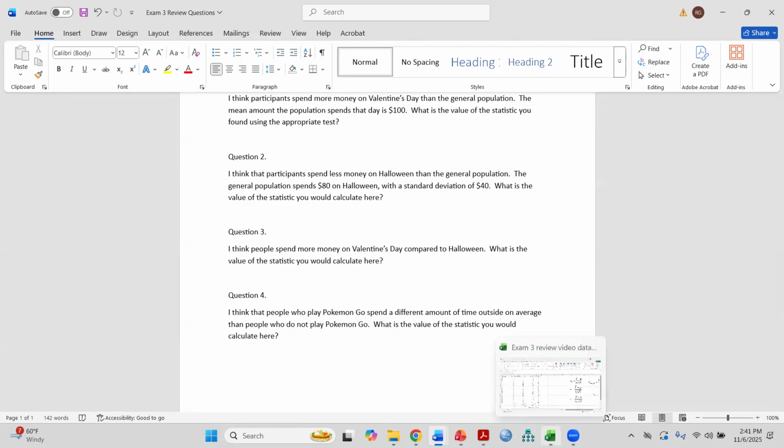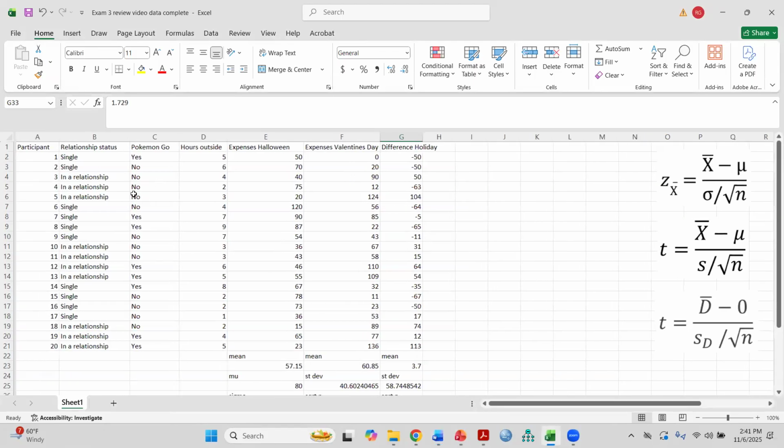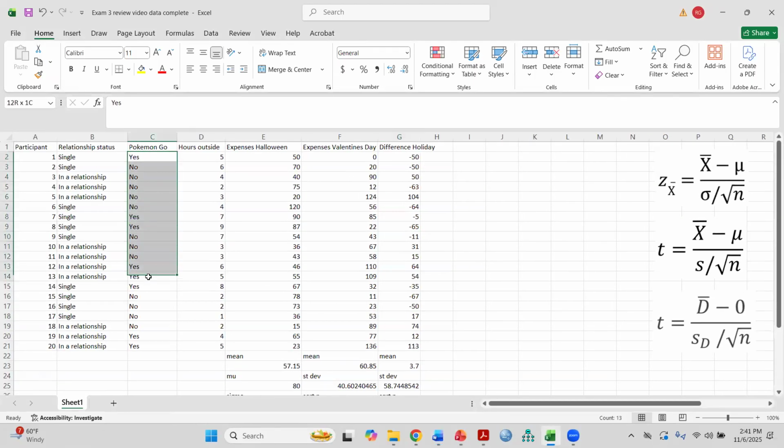Let's go back to our data. We can see all the different people who do and do not play Pokemon Go and the amount of hours they spend outside. Unfortunately, the data are not set up in a very conducive way to calculate means, standard deviations, or sums of squares.